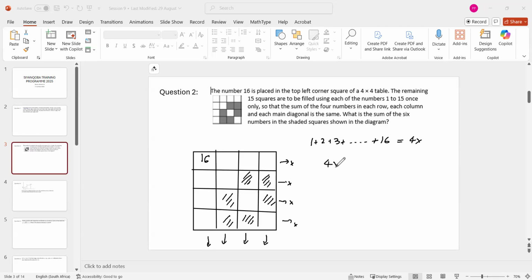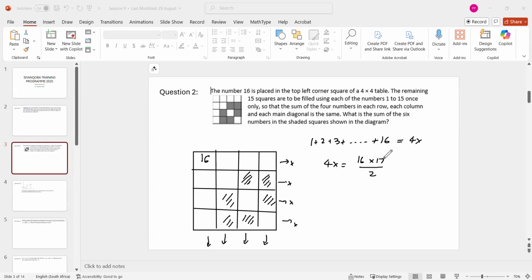So 4x, by now you should know that the sum of consecutive numbers from 1 to n is n times n plus 1 over 2. So these are all consecutive.